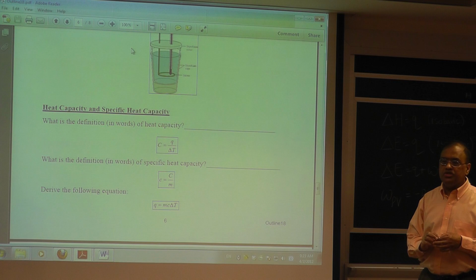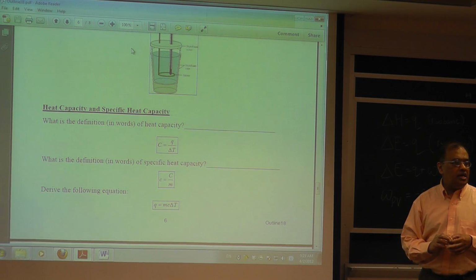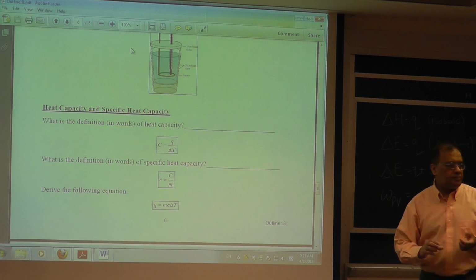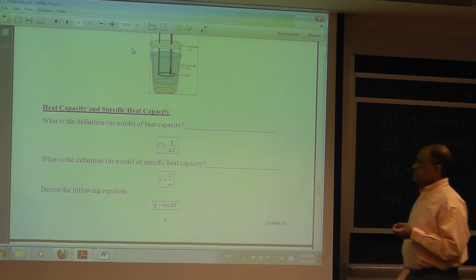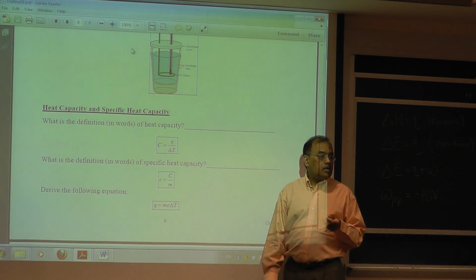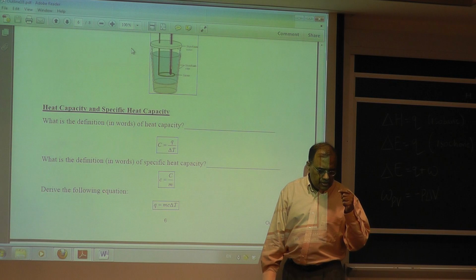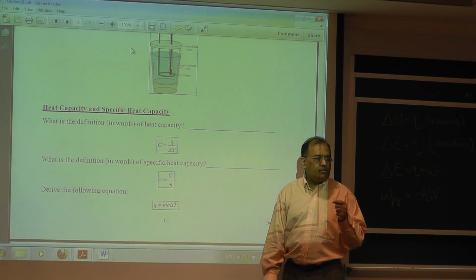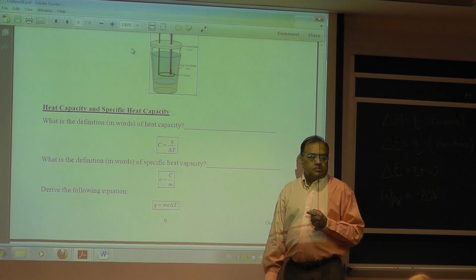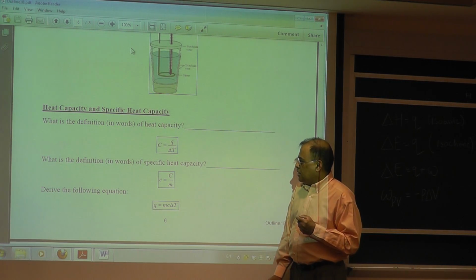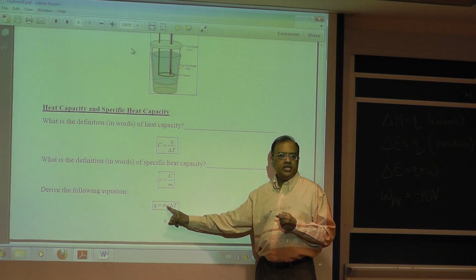The amount of heat required to raise the temperature of 1 gram of a substance by 1 degree centigrade. Okay, can you derive this equation here, please?